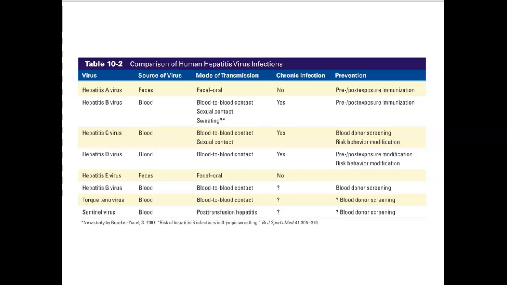So how are they transmitted? This is a very important table for you guys to know. Table 10.2. Hepatitis A is fecal-oral, and it's going to be in fecally contaminated water or food that has been washed with fecally contaminated water, or rarely food that's processed when somebody hasn't properly washed their hands.